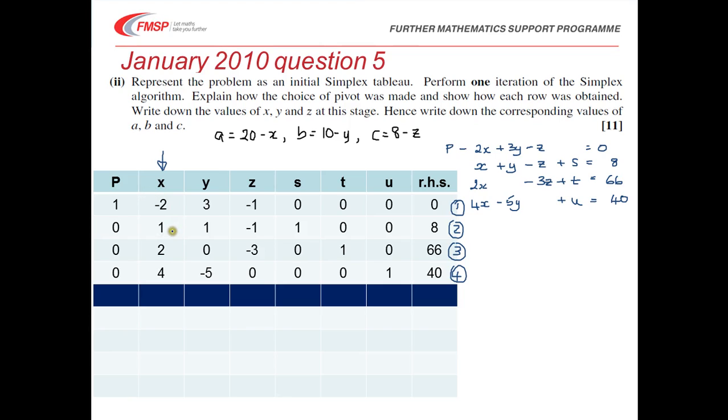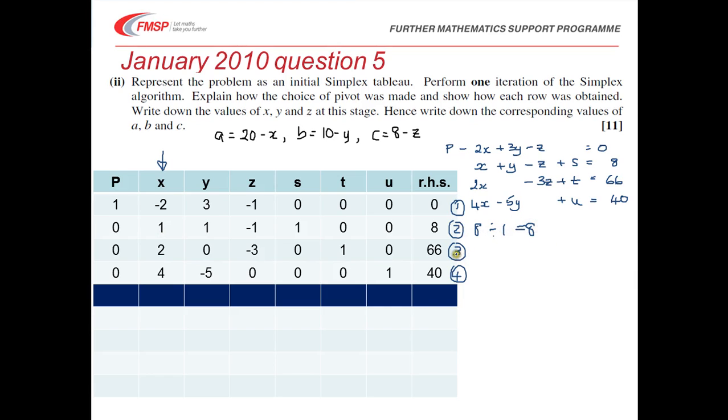Now we have to find which of these numbers, 1, 2 or 4, are going to be our pivot. And the way we do that is to do a ratio test. So the ratio test takes the right hand side here, which is 8, and you divide it by the corresponding entry in the pivot column. So that would be 8 divided by 1, which is 8.